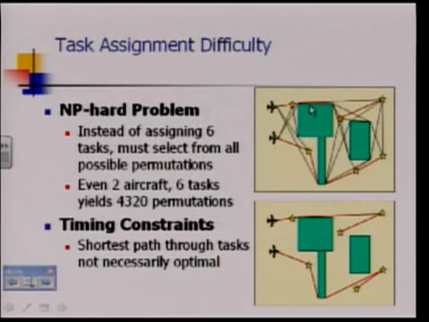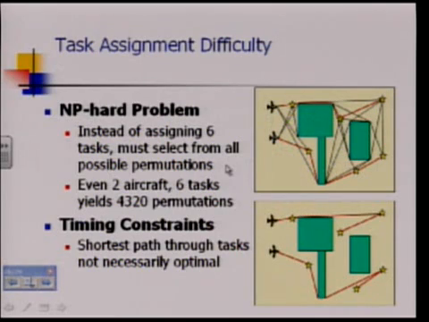Instead of just considering 6 tasks for 6 planes, you have to consider what? All possible permutations of the possible star sequences. Even if you think about 2 aircraft and 6 stars, how many permutations are we talking about?